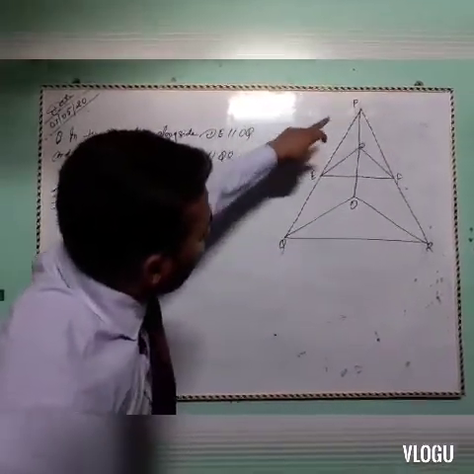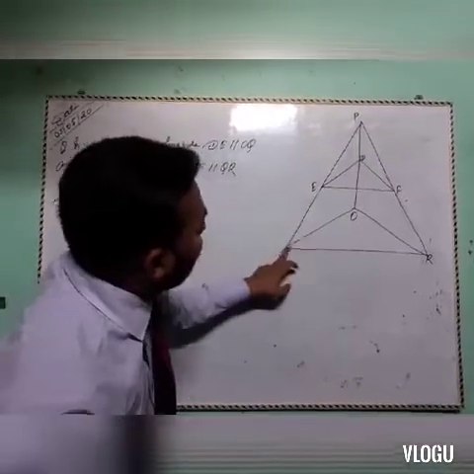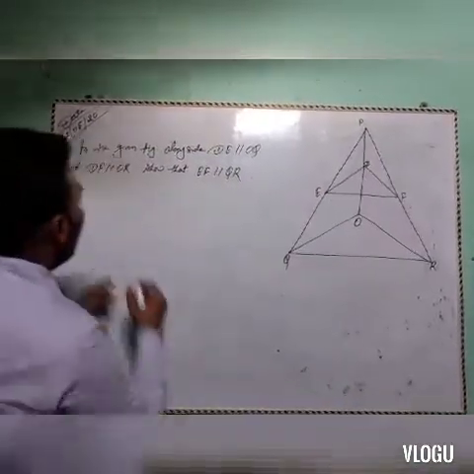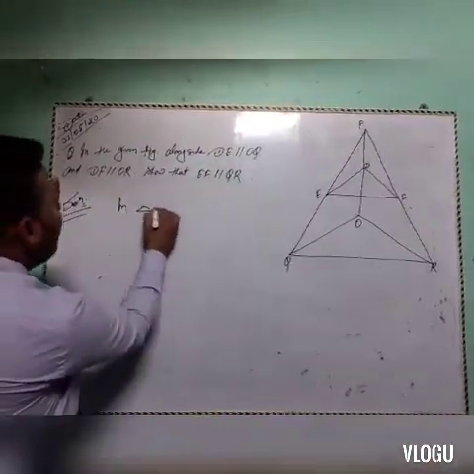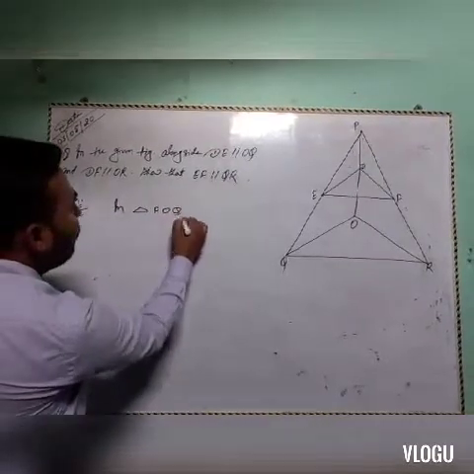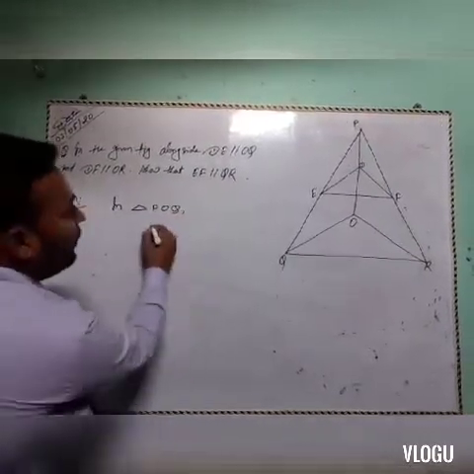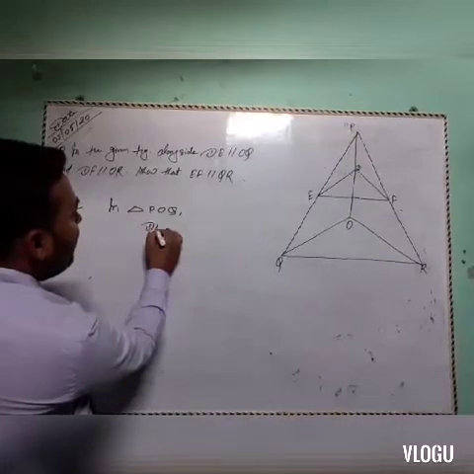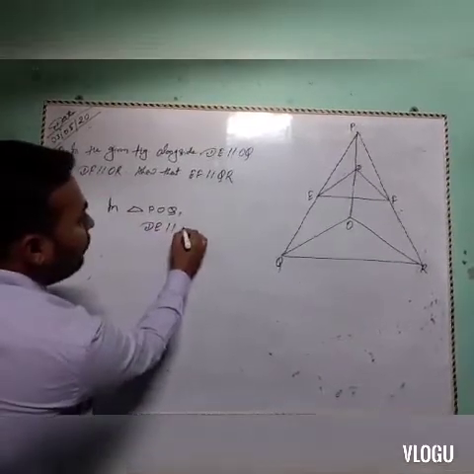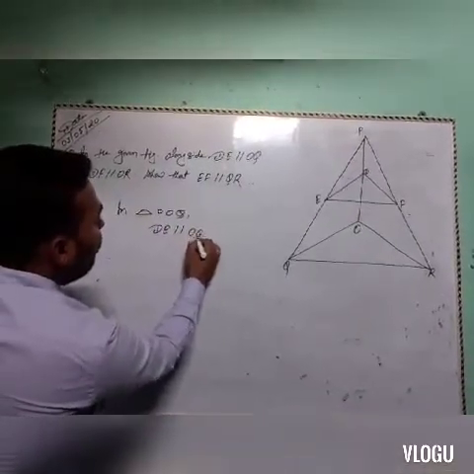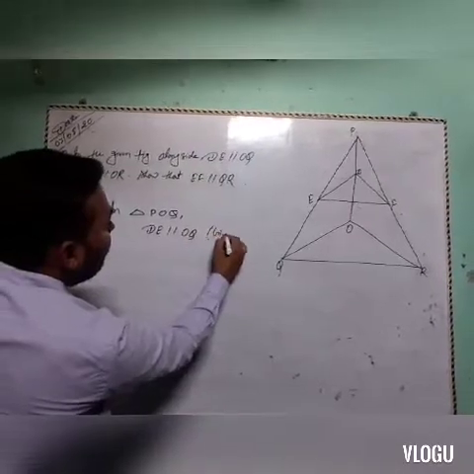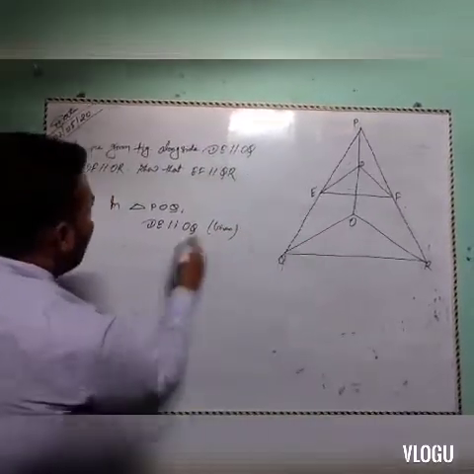First of all, DE is parallel to OQ. So in triangle POQ, DE is parallel to OQ, given.